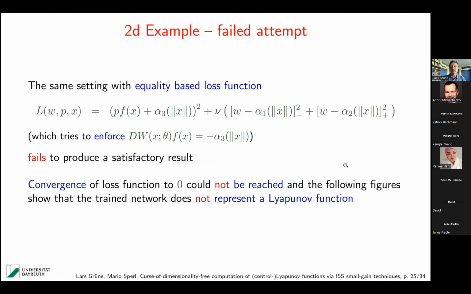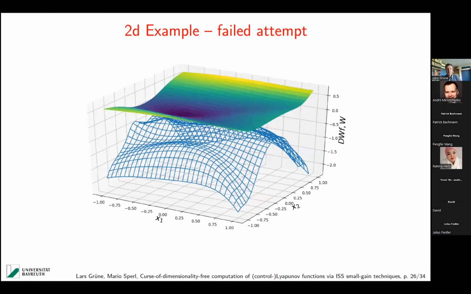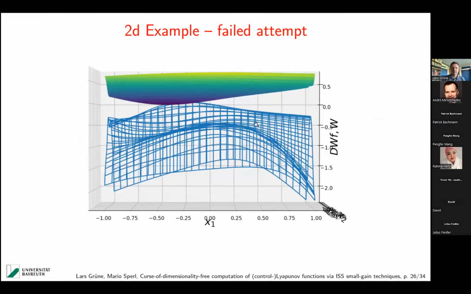Convergence could not be reached, and what we got out of the network does not represent a Lyapunov function. From here it still looks kind of okay, but if you turn it, you see that this is 0 at the wrong point. So the minimum sits at the wrong place. This gets even positive here, and also the maximum is in the wrong place. So it's really not a Lyapunov function at all what we computed. This really shows that the structure that we have determined really matters, and this approach only works if we have the separable form.